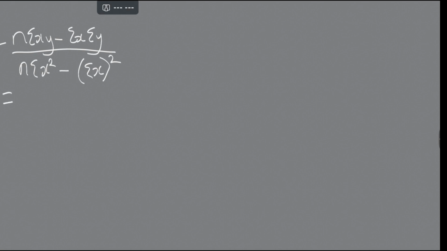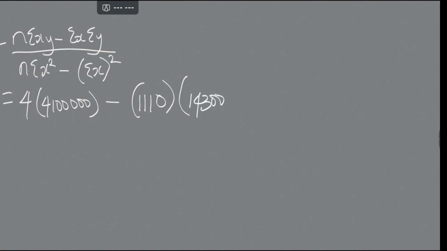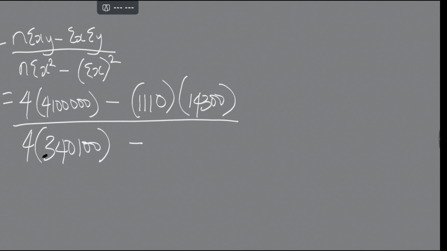So that is 4 times summation xy, which is 4,100,000, minus summation x, which is 1,110, times summation y, which is 14,300, divided by 4 times 340,100 minus summation x all squared, and our summation x is 1,110, all squared.